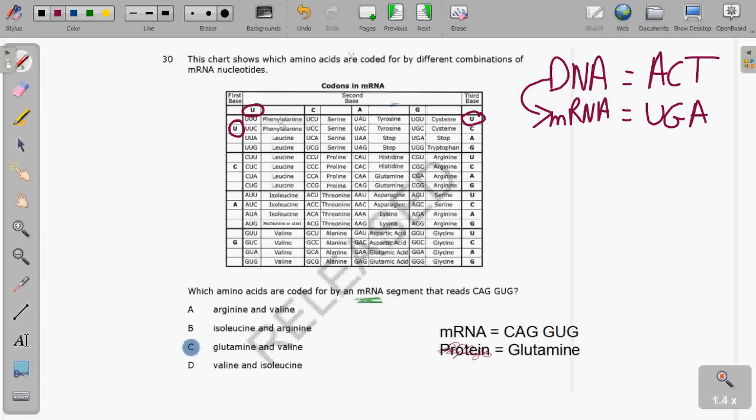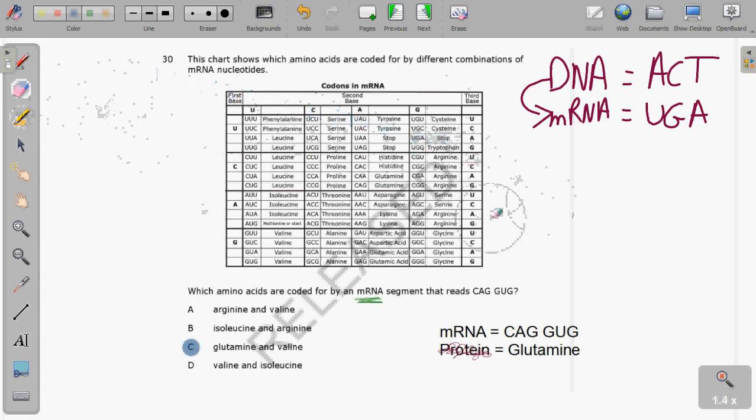Oh, I'm sorry, I did that wrong. It's UGA. So there's the U, here's the G, here's the A. The only place those all show up is right here, and that's a stop codon. So that means that the enzymes reading the DNA stop reading the DNA or copying the DNA. That just happened to be a stop codon. I didn't intend for that, but it did.